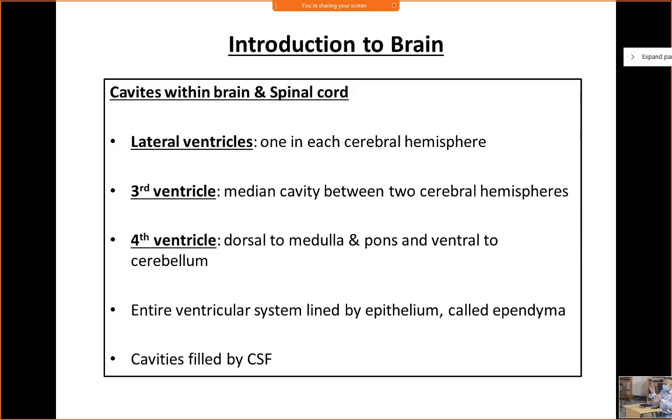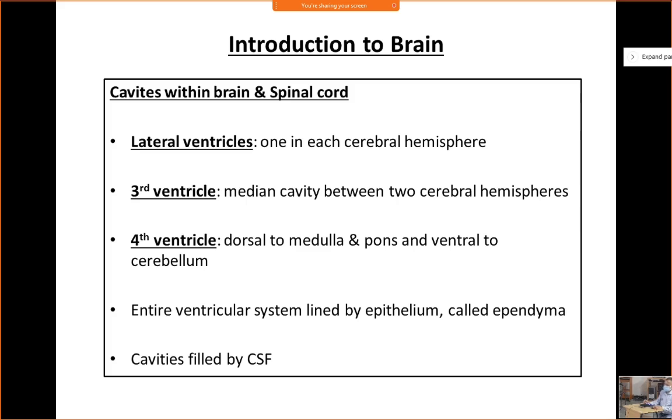Finally, this fourth ventricle is continuous downward as the central canal of the spinal cord. This entire ventricular system is lined by an epithelium which is called ependyma.